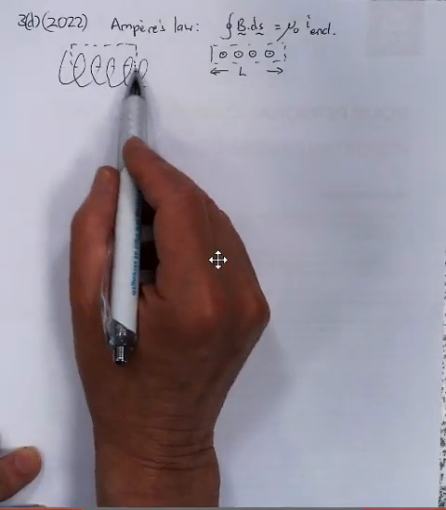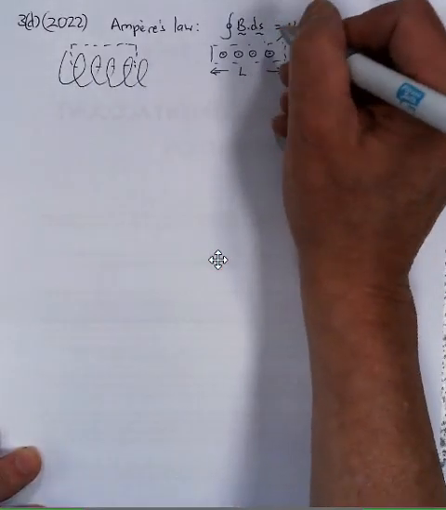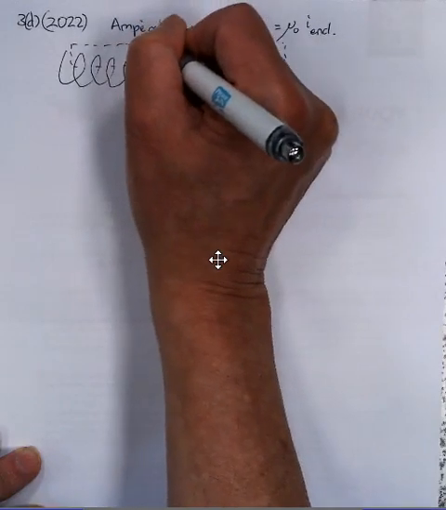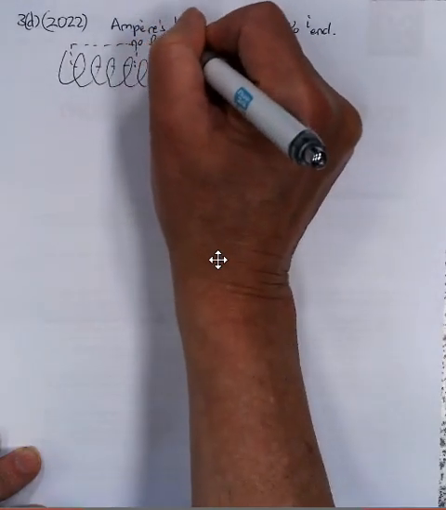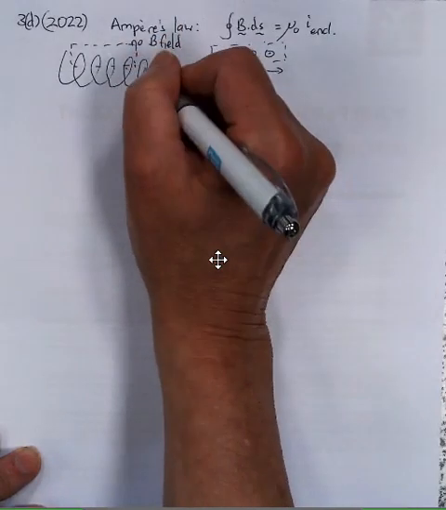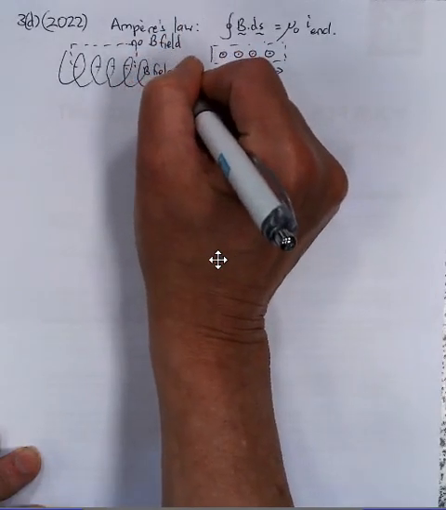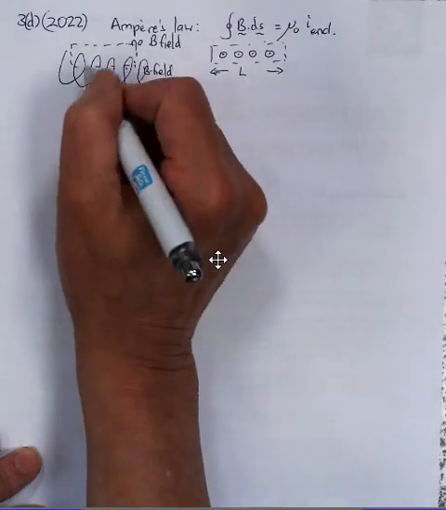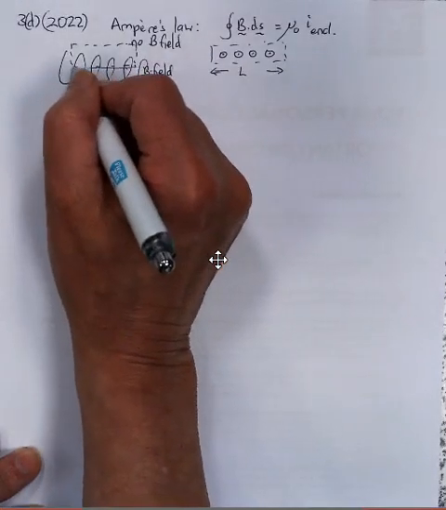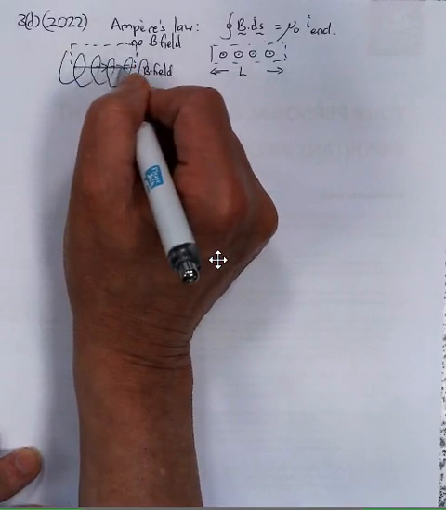There is only a magnetic field inside the solenoid, and the magnetic field is along that direction. So out here, there is no B field. And in here, you have a B field, which for the sake of this we'll just say is going in that direction.